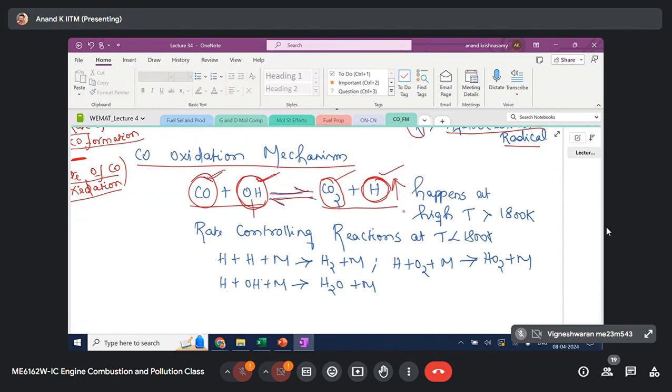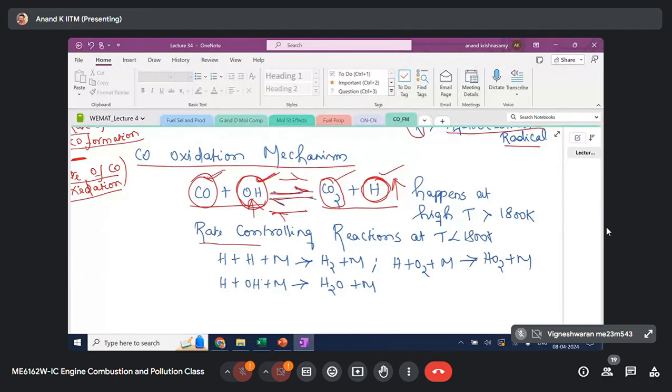Instead, if you have a high proportion of OH radical available in the cylinder, the forward reaction will take place and CO is going to get back to CO2. So whether the reaction proceeds forward or backward depends on the concentration or the availability of OH and H radical.